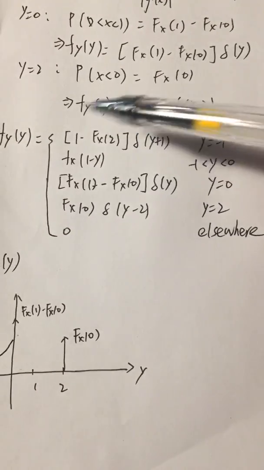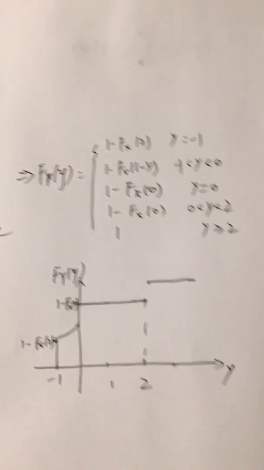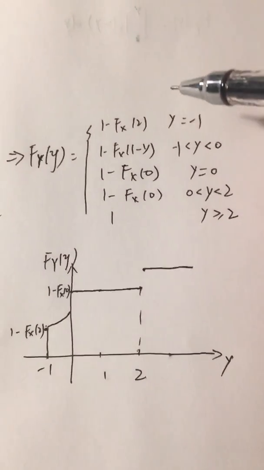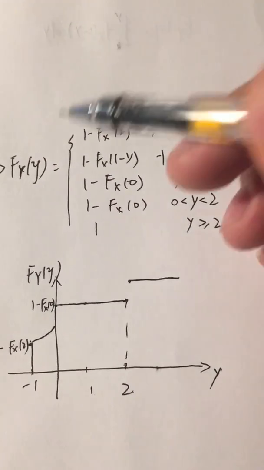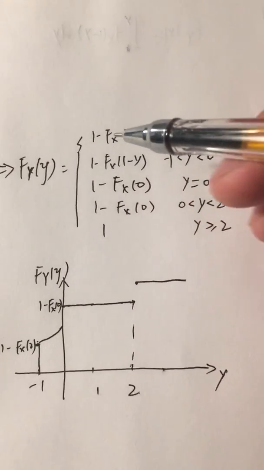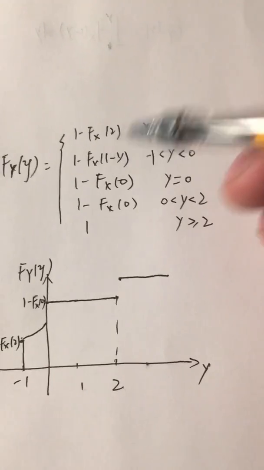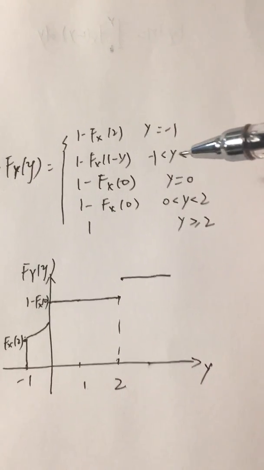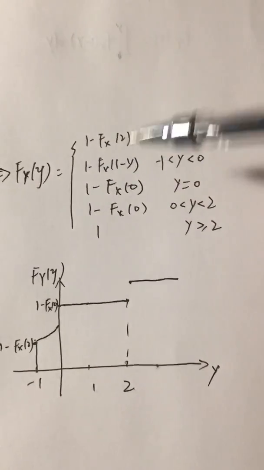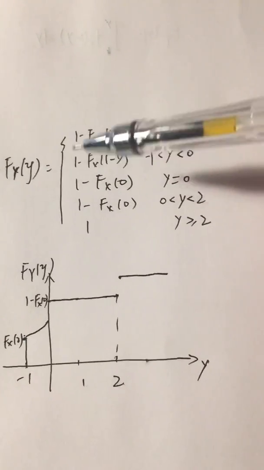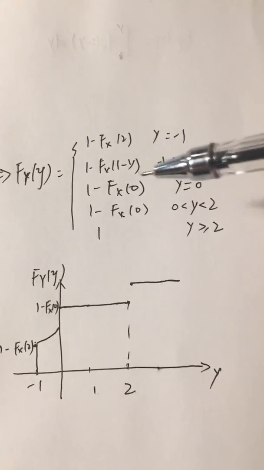So we use this and calculate the capital FY(y). When y is -1, the value of capital FY is 1 minus capital Fx(2), and when y is between -1 and 0, the value of this is 1 minus capital Fx(1 minus y).